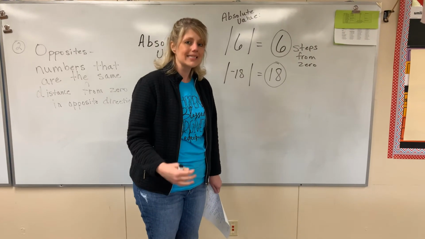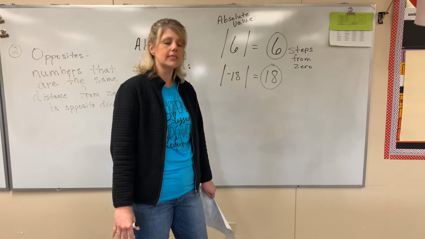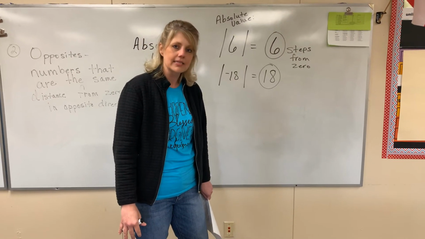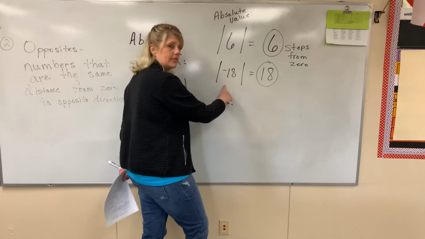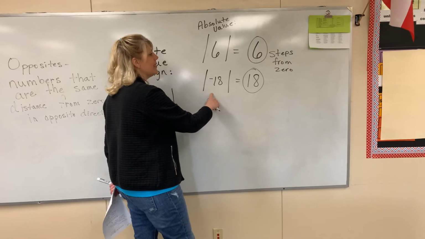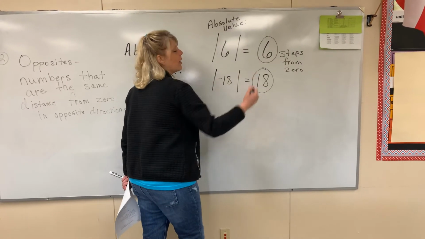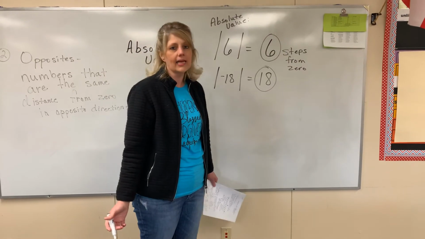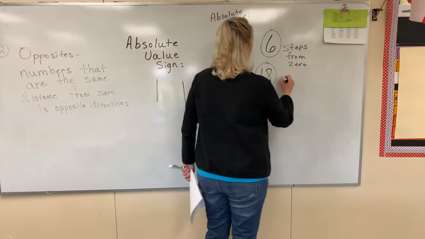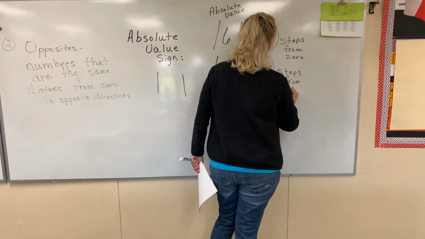You simply say, I'm 18 steps from 0. You don't say, I'm negative 18 steps from 0. So you notice when I'm in the absolute value sign, all they're asking me is how many steps am I from 0? I dropped the negative because there is no such thing as negative steps. So you're 18 steps from 0.